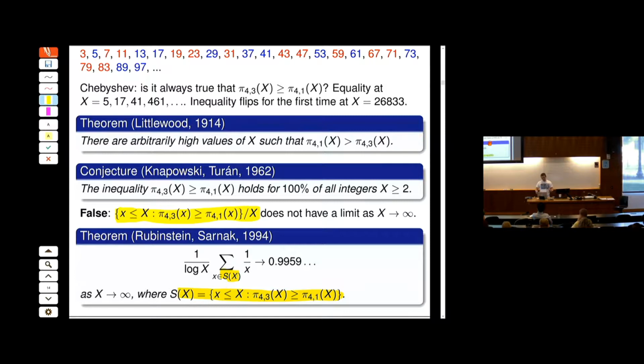And what they show is that essentially 99% of the time, Chebyshev was right. I think they had to assume GRH or something. Yes, I think you are correct, this actually assumes GRH. But they can do that for 1 versus 3 mod 4, and they do it also for 1 versus 2 mod 3.